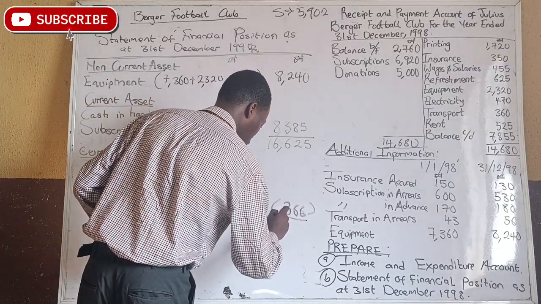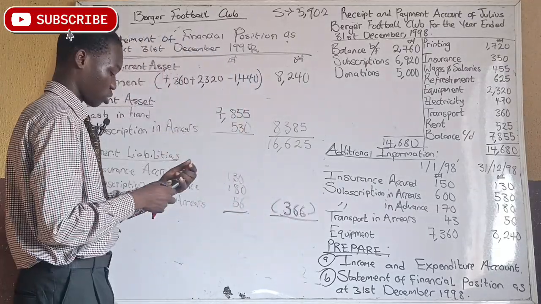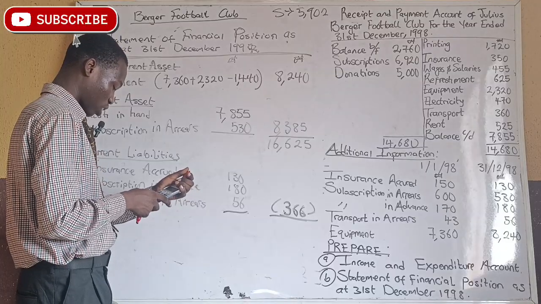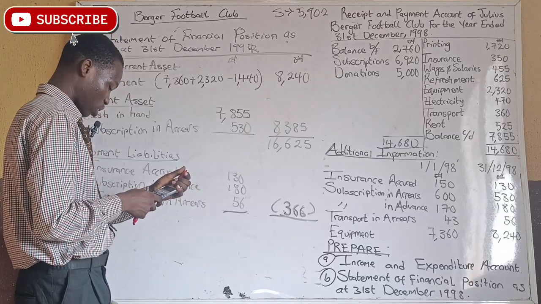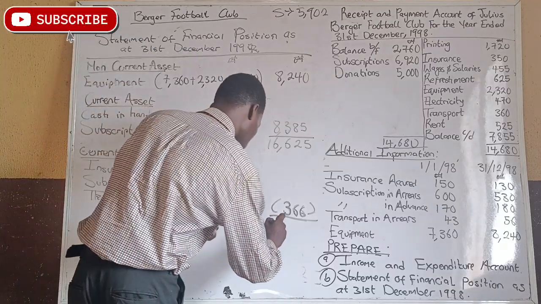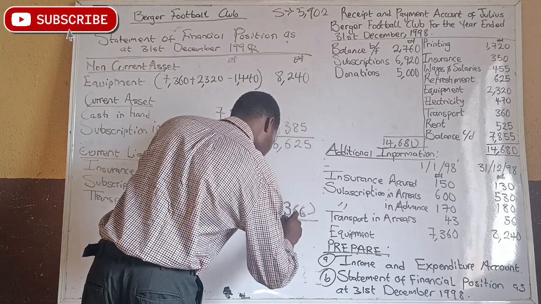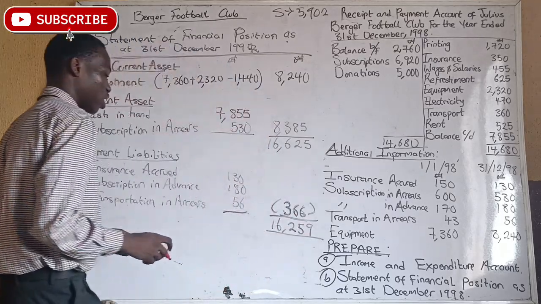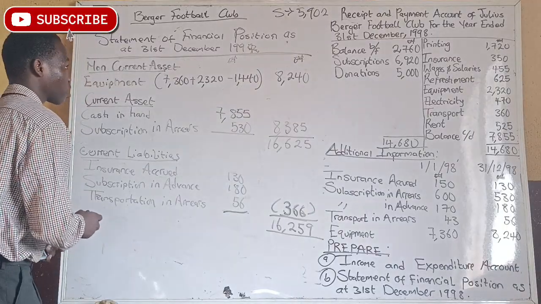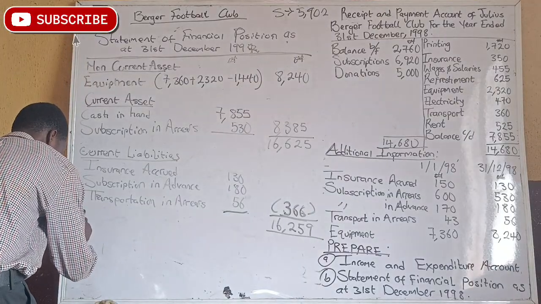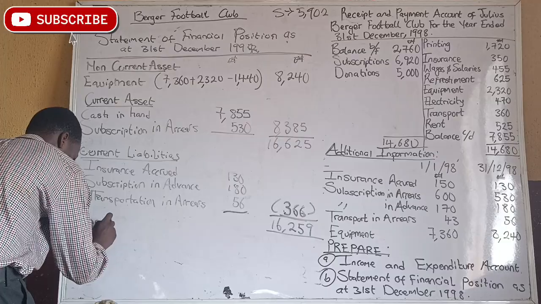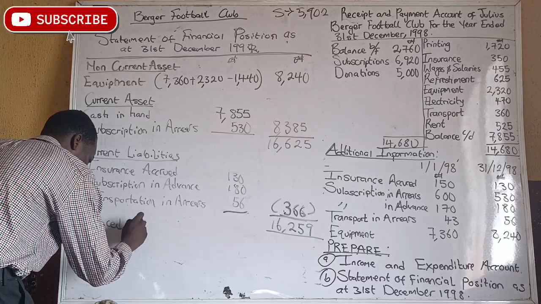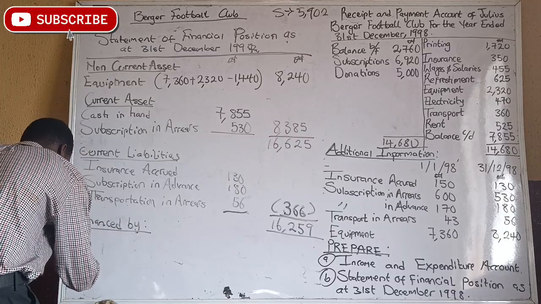So this amount, we are going to deduct it. We are going to less it. 16,625 minus 366 naira is going to give us 16,259 naira. Now let's look at the amount we used to finance this. Financed by. So for the financed by, we are starting with our accumulated fund.